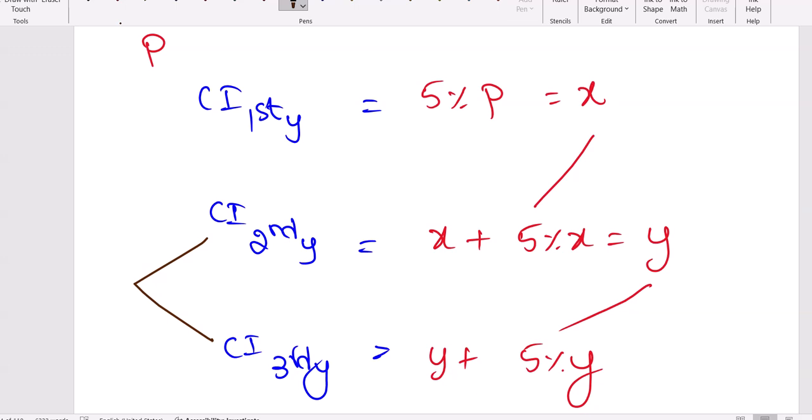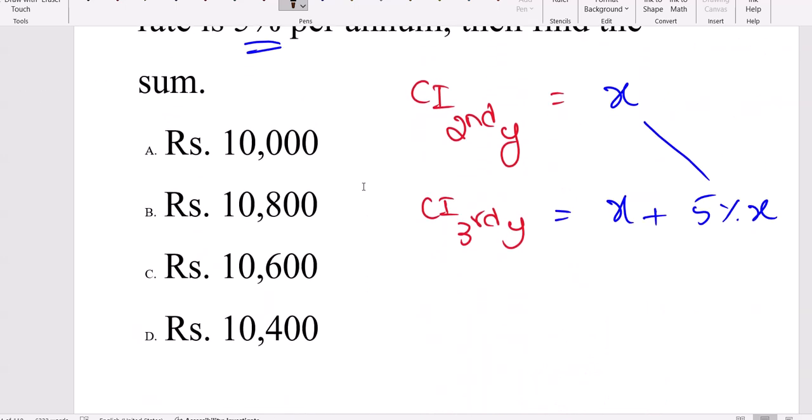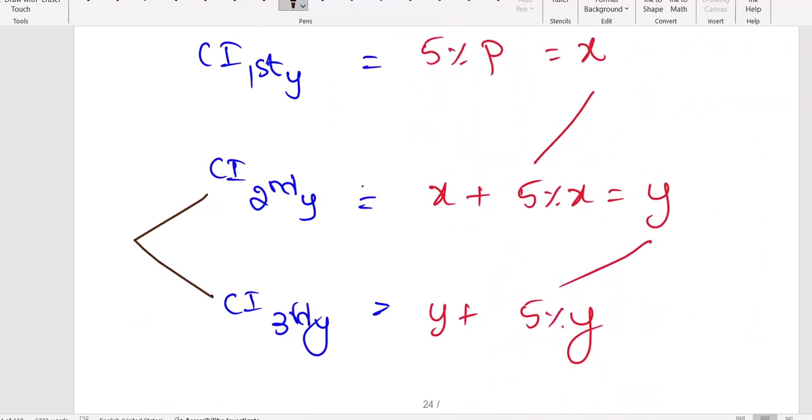So in the question, 5% of Y is given actually. The difference between second year and third year is 28.35. You will get 5% of Y equal to 28.35. Now calculate the Y value.